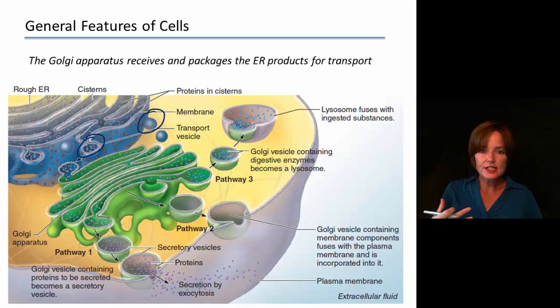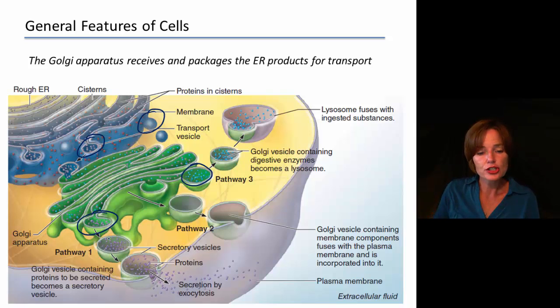The Golgi receives them and takes them in. It processes the contents of those, modifies them a little bit if need be, and then it's going to pinch off again so that we've got these proteins which are ready to go, packaged up, and they're going to be sent out into the cell to whatever their final destination happens to be.